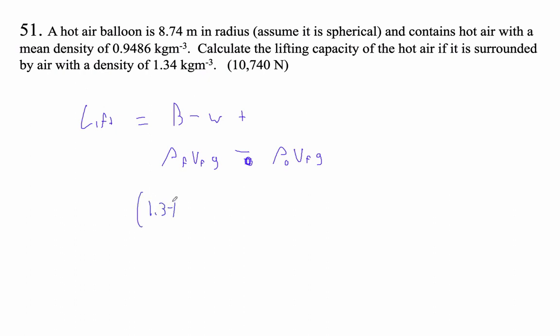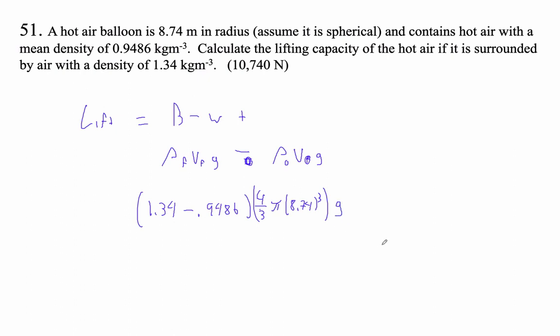1.34 minus 0.9486 times the volume of the fluid, and the volume of the fluid and the volume of the object are the same, so 4/3 pi times 8.74 to the third times g.